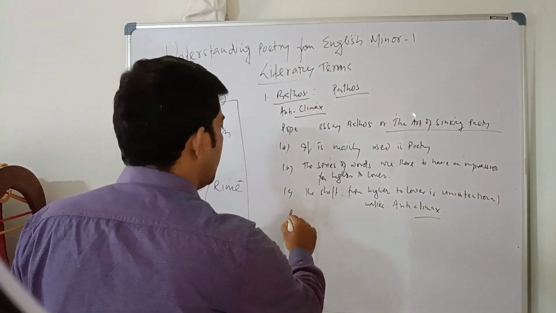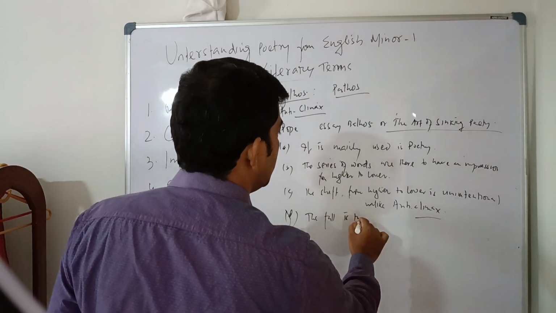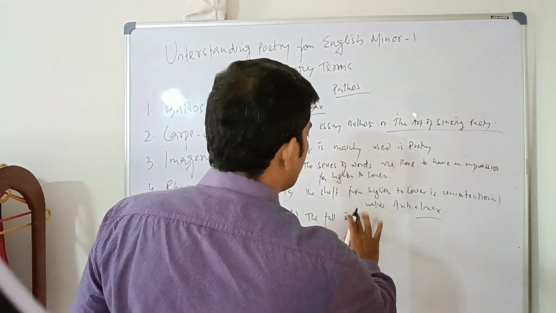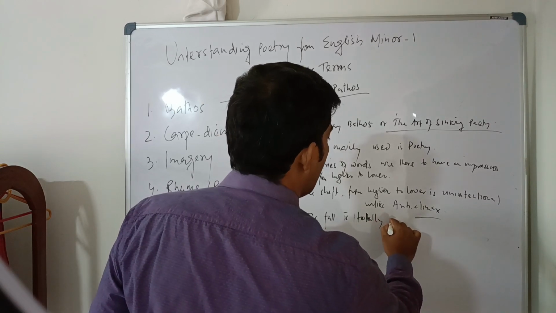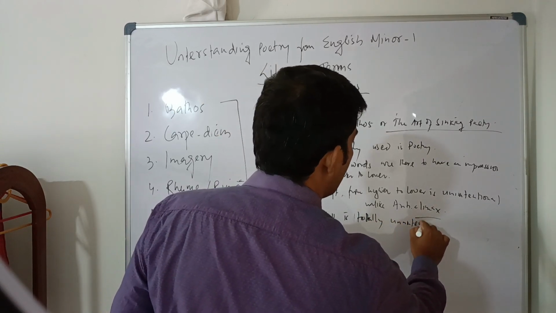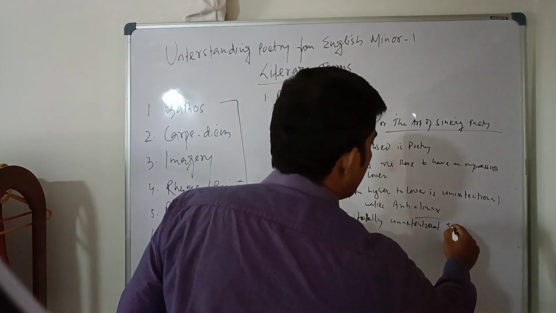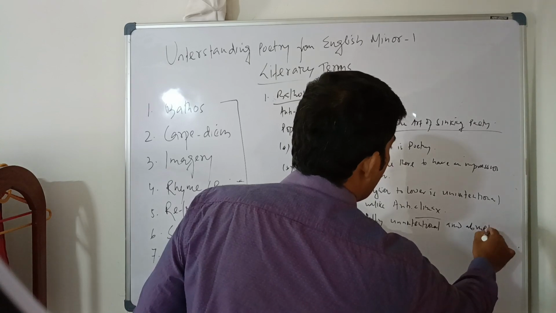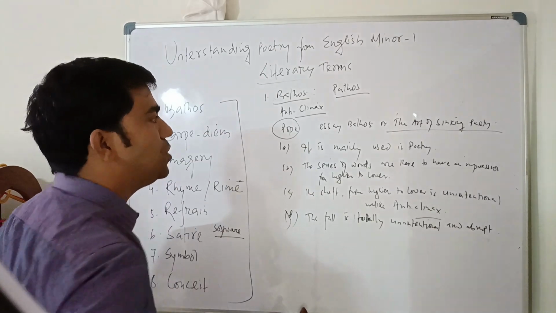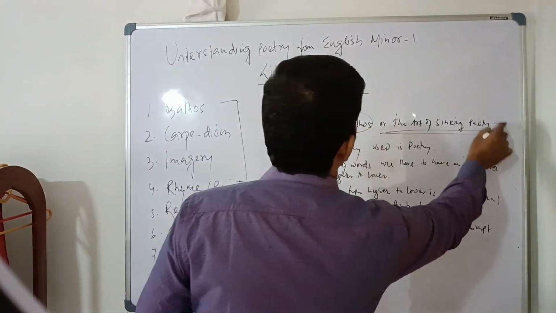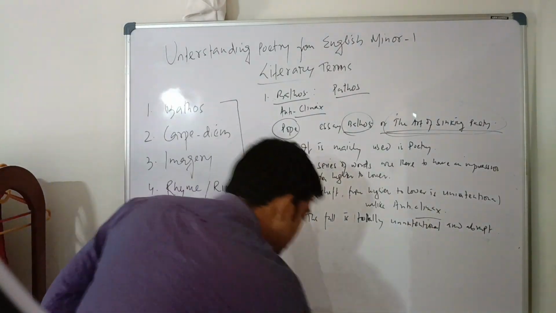But here the fall is totally unintentional and abrupt. All right. So Pope used it in his essay Bathos, or the Art of Sinking in Poetry. So this is all about bathos.